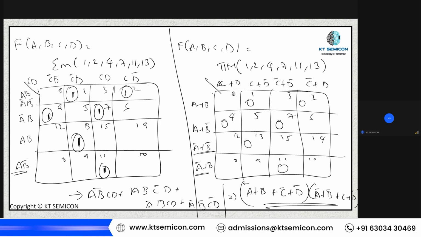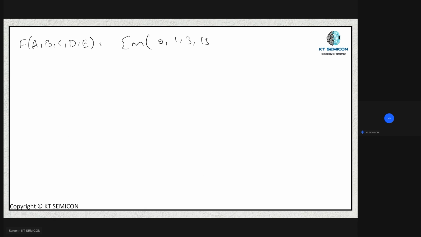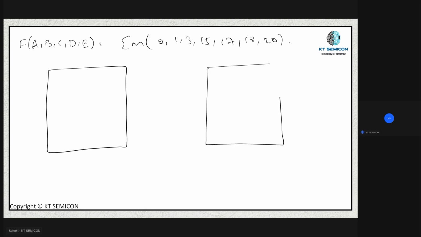Now, let us try to understand how to solve a 5 variable KMAP. Let's say I have A, B, C, D, E as sigma m 0, 1, 3, 15, 17, 18 and 20. This is my minterm. In the case of your 5 variable K-map, you are going to assume 2 4-variable K-maps, one K-map placed on another K-map, like this.